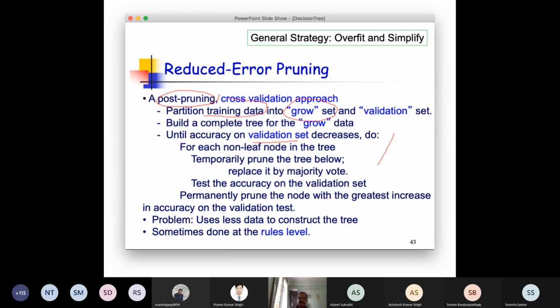Once the tree is developed, you consider a node of the tree and you prune that node, removing it and making it a leaf node. Pruning means the whole subtree is pruned, and this node becomes a leaf node.